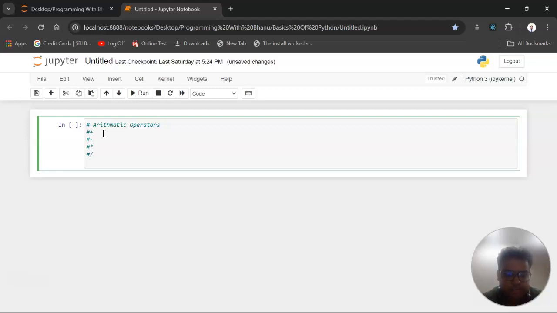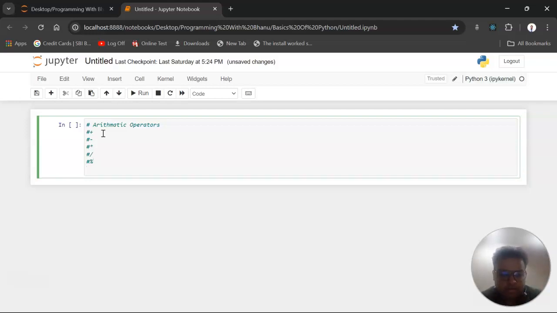The next one is the modulo. What modulo does is divide the left hand operand by the right hand operand and return the remainder. The next one is the exponent. It performs exponential power calculation on the operands.